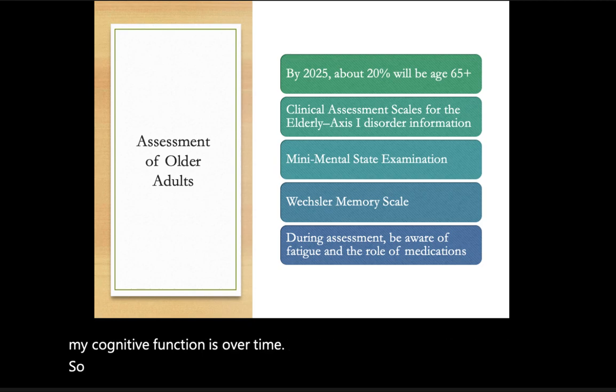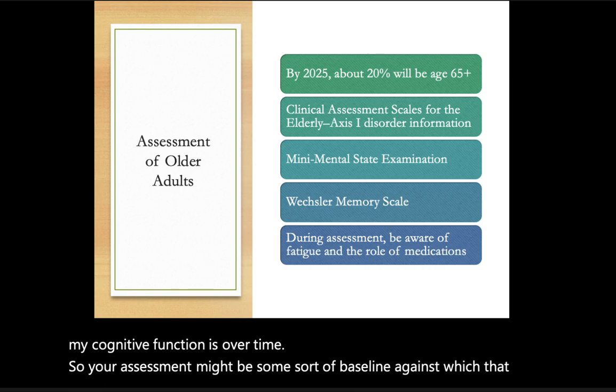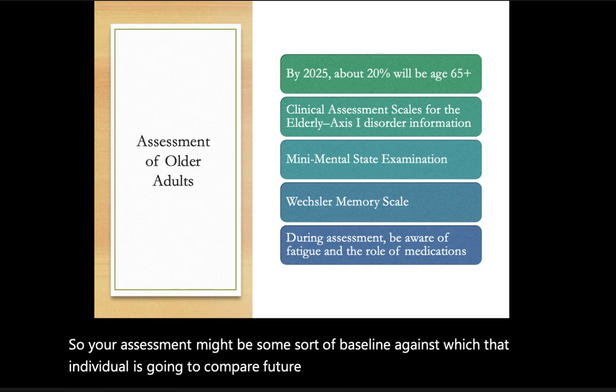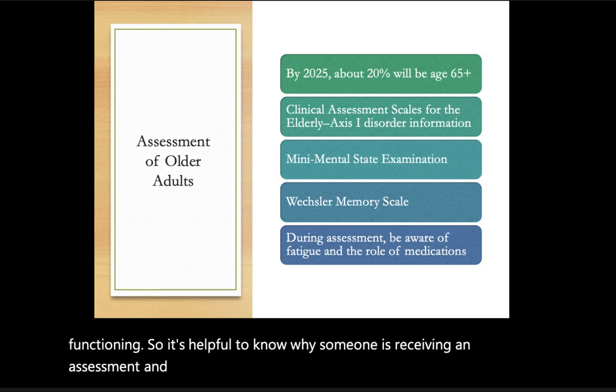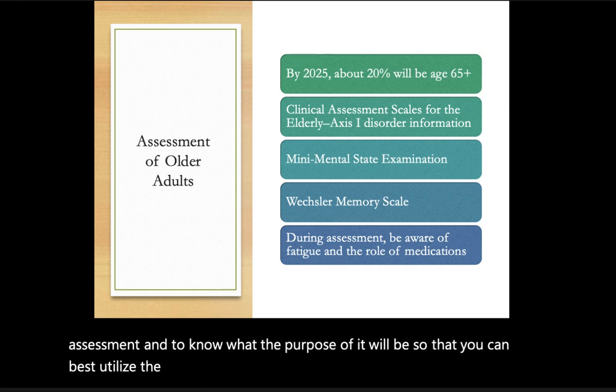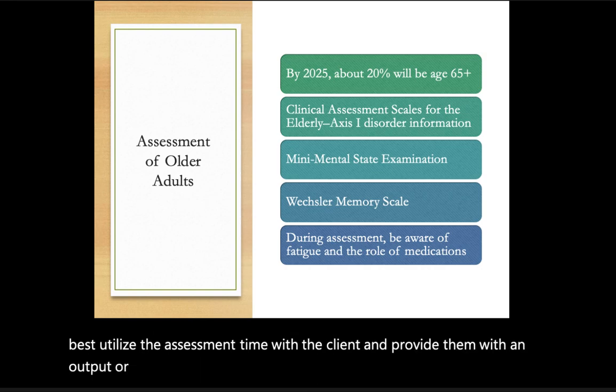So your assessment might be some sort of baseline against which that individual is going to compare future changes in their cognitive functioning. So it's helpful to know why someone is receiving an assessment and what the purpose of it will be, so that you can best utilize the assessment time with the client and provide them with an output or a report that is going to make sense for what they're needing.